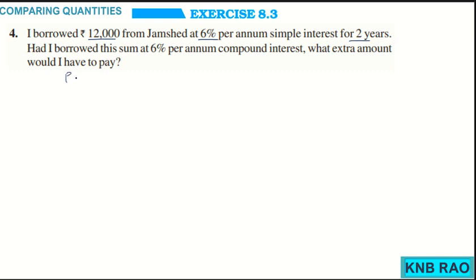So, in the solution we are given 12,000 as the principal, the rate of interest is 6% per annum, and the time period is 2 years. First, I will consider simple interest.